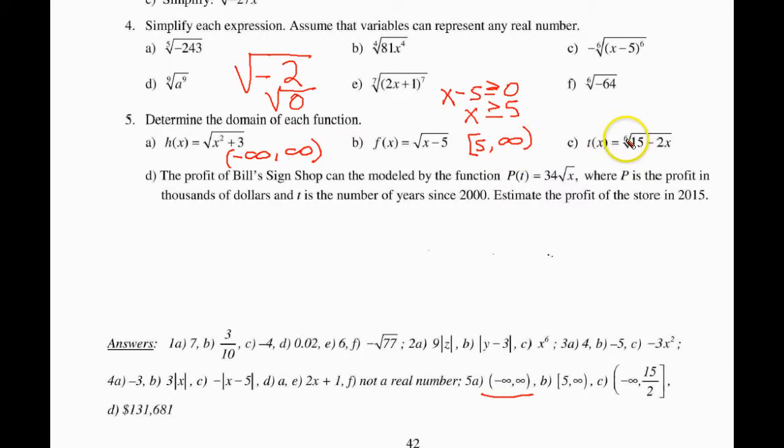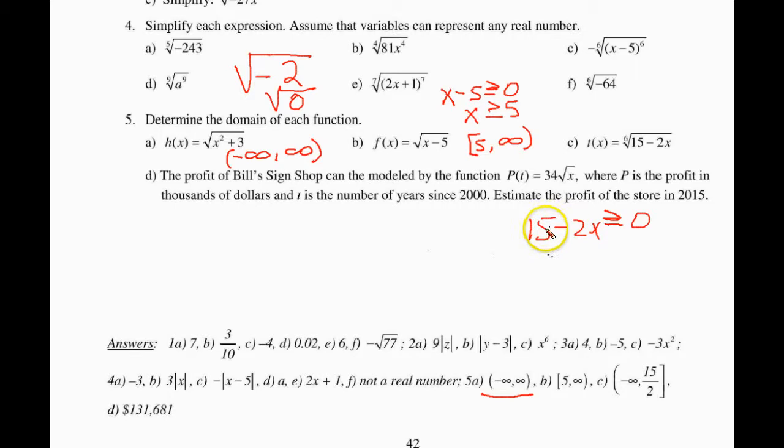Now, again, this is an even index number. So we just do the same thing. I'll do it down here. 15 minus 2x has to be greater than or equal to 0. Now notice your x term here is multiplied by a negative. So in most cases, if you have a negative value for x, this is going to become positive.